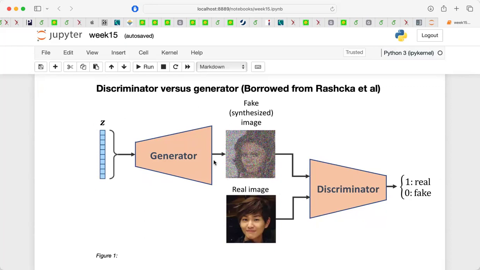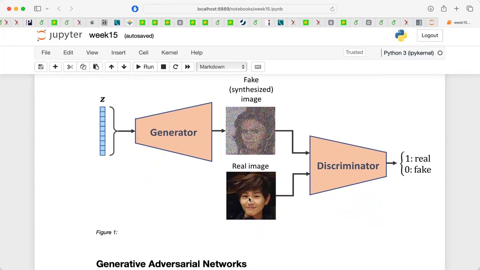In the beginning, these data are normally generated by, let's say, a uniform distribution, so you're basically producing some noise. And then these are fed into a discriminator, which also receives information from the real image or real data. And this discriminator tries to figure out whether this is a real representation of the data or whether it's a fake. So if we want to dive a little bit deeper, let's now just jump into the Jupyter notebook here.